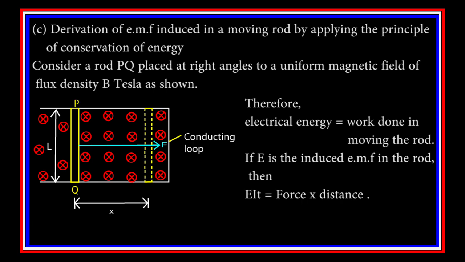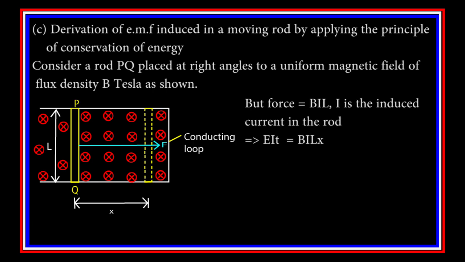If E is the induced e.m.f. in the rod, then EIt is equal to force times distance. But force is equal to BIL, where I is the induced current in the rod. It implies that EIt is equal to BIL x.